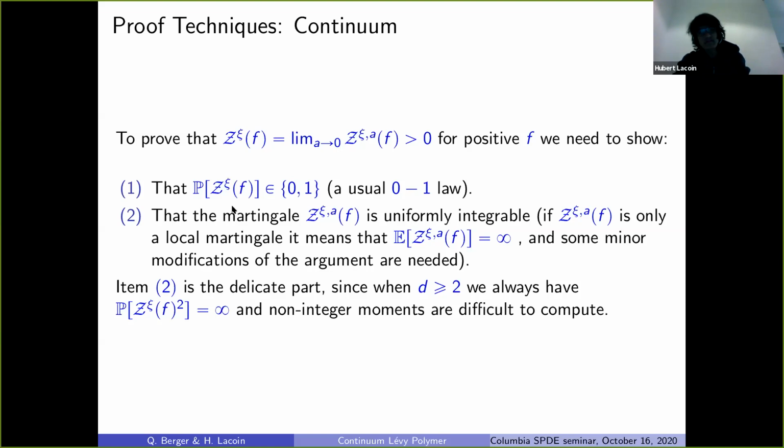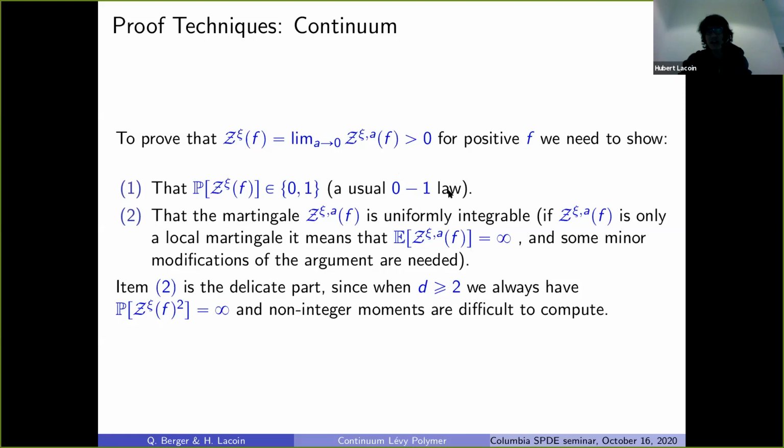This is not completely obvious, but it comes from the usual arguments, so there is not so much to say about it. Then the big part is to show that your martingale is uniformly integrable, so that its limit can't be 0 with probability 1.